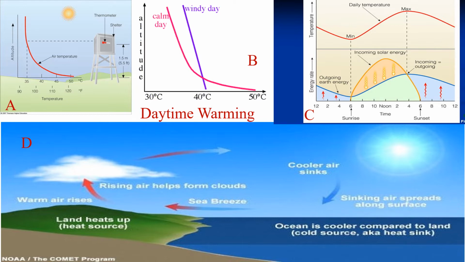On a windless day, and we are considering a windless day, this form of heat exchange is slow, and a substantial temperature difference usually exists between the air at ground level and the air directly above it. This explains why a runner on a clear, windless summer afternoon may experience higher air temperatures while running. Anyway, that's not a very good example.